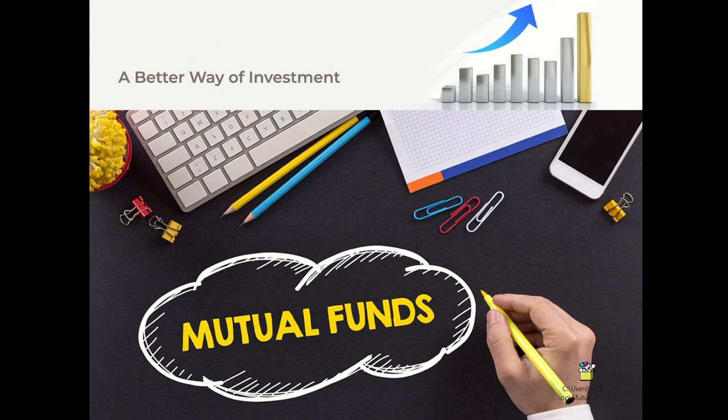Mutual fund is organized in the form of a trust that helps in pooling of savings of common investors where they are not able to invest in blue chip companies. So in this video, we will go through the introductory part of mutual funds comprising of the meaning, the features, the significance, etc.